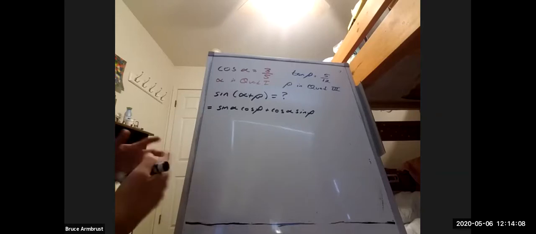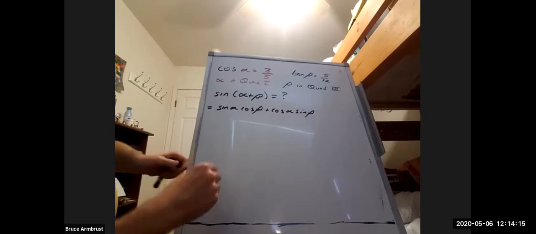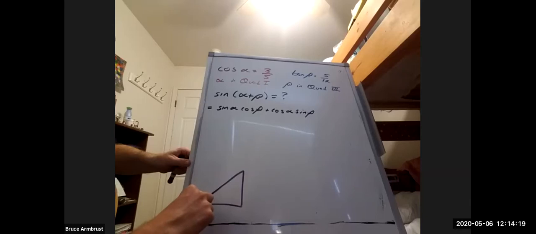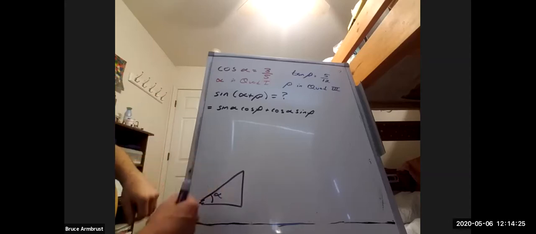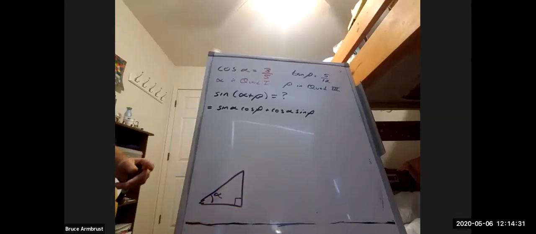In order to help us do that, I'm going to draw a triangle. This will be the triangle for alpha. Now, this one is exactly right since alpha is in quadrant 1, but remember, we can always do this by thinking of the reference angle and then use it to backtrack.